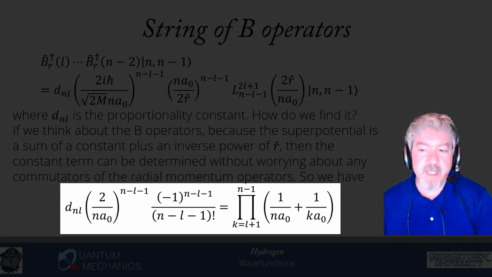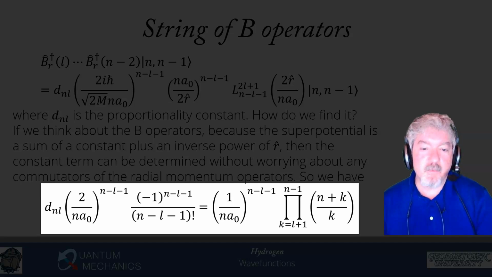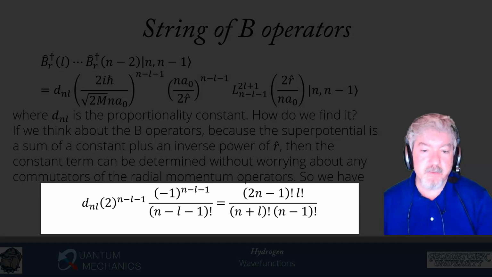Now, we're going to look at this infinite product. What I want to do is factor out a 1 over n a0 from each of those terms. That's going to give me a 1 over n a0 to the n minus L minus 1. And I get an n plus k over k, and that's a product. You can see that's going to be related to factorials. I can again cancel the 1 over n a0 on both sides. I'm going to just be left with the 2 raised to that power.